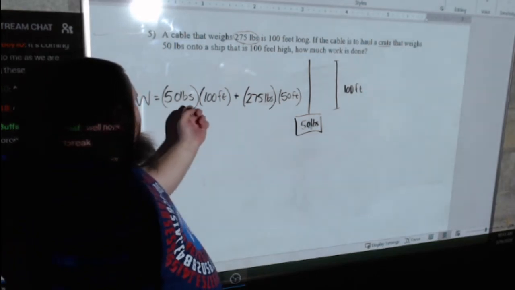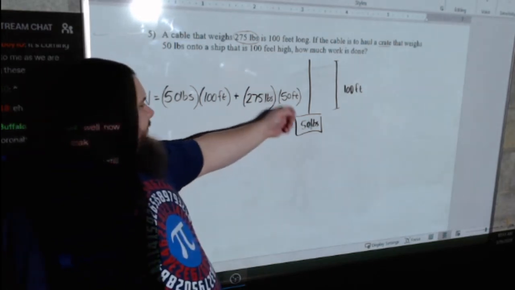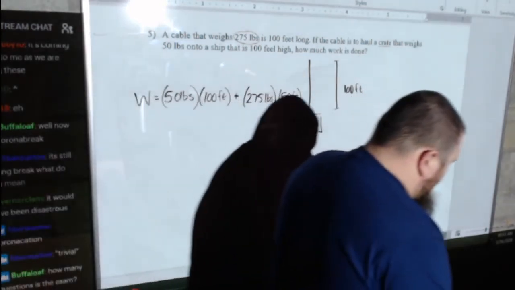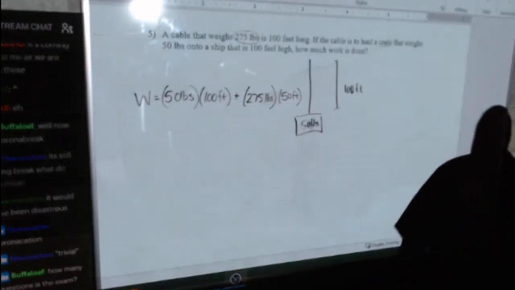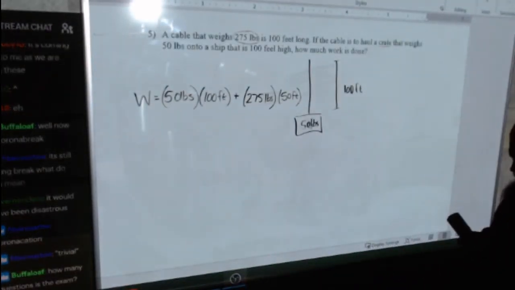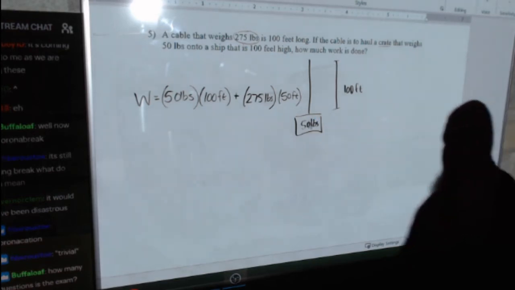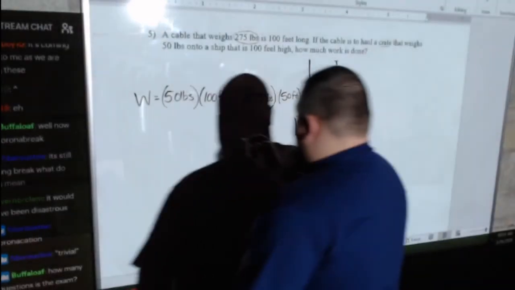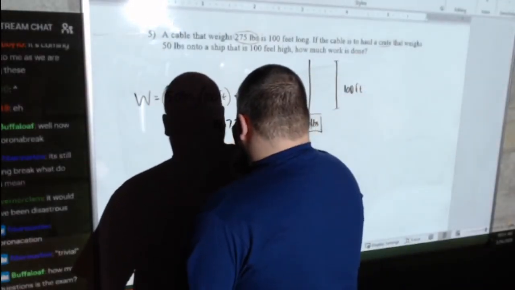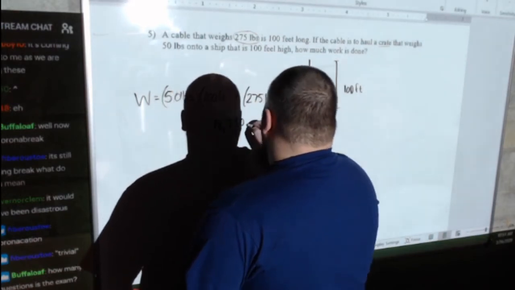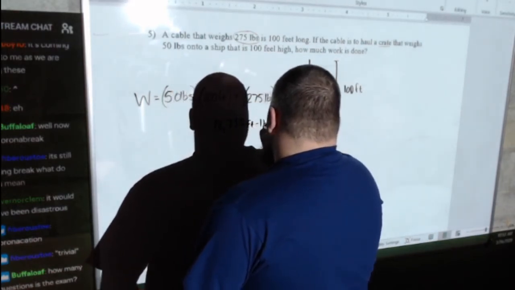So we just need 50 times 100 and 275 times 50. That is 18,750, and that is foot-pounds.